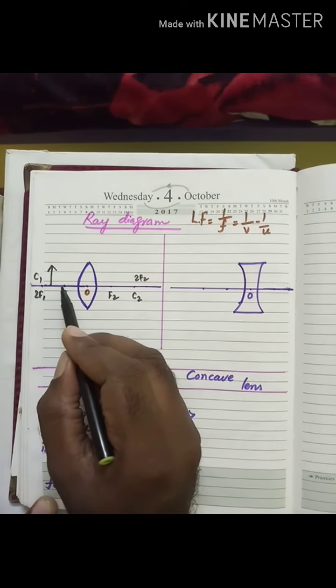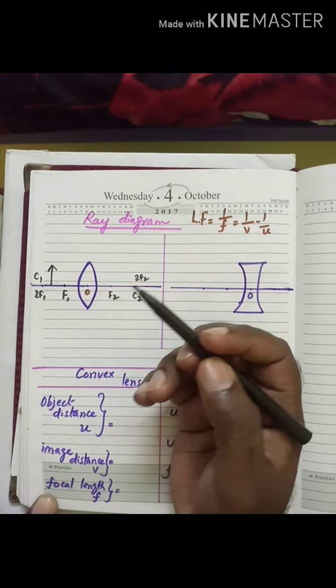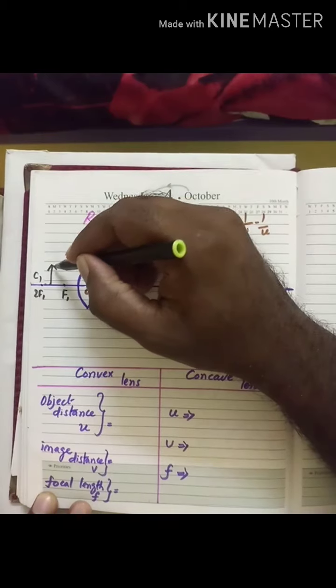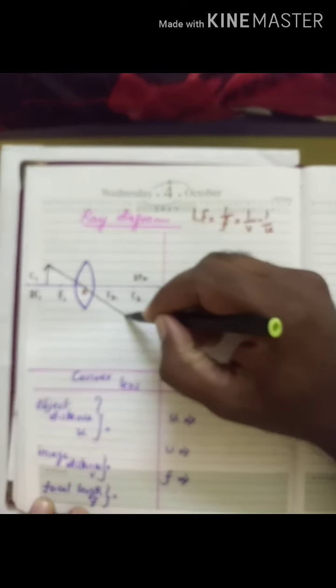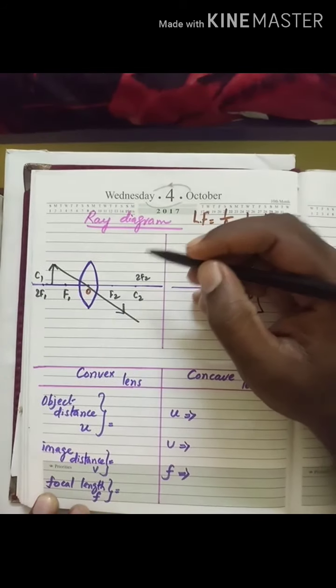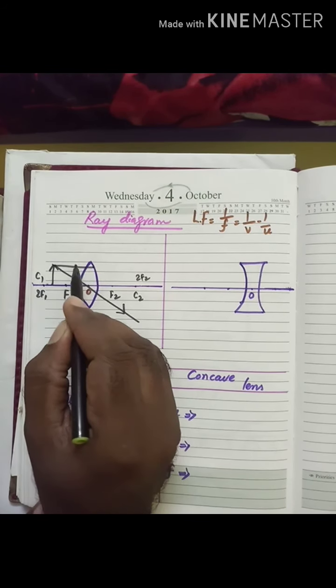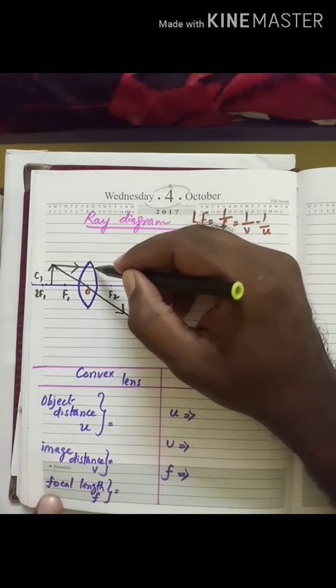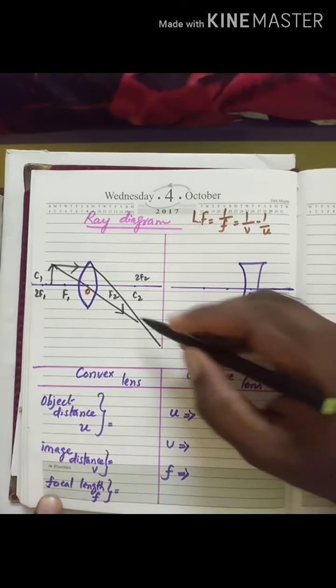When an object is placed between f and 2f, what will be the changes? See here, this light ray will fall like this without any deviation from the optic center, but one more light ray will be incident here, and as per the rules it will focus towards the principal focus.